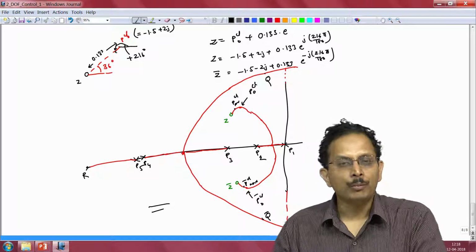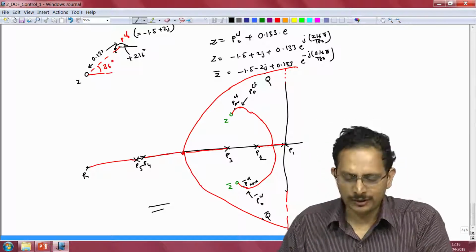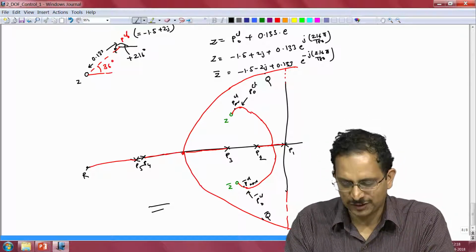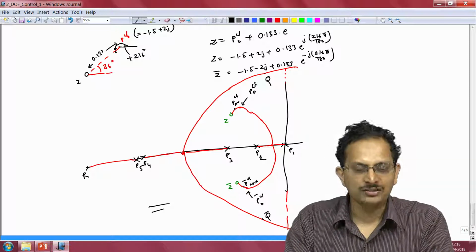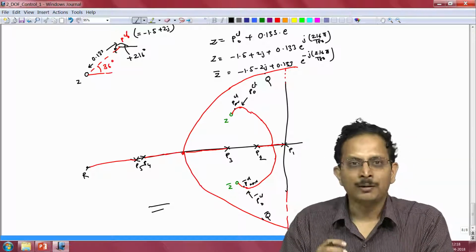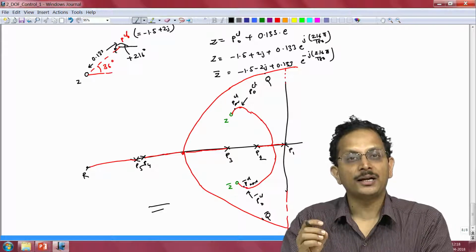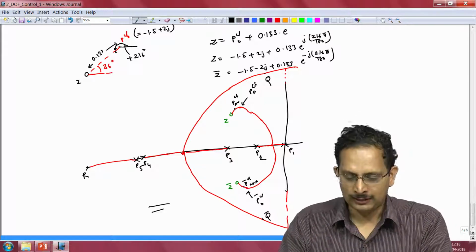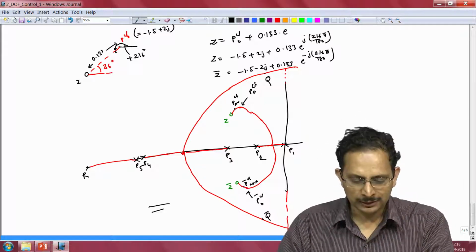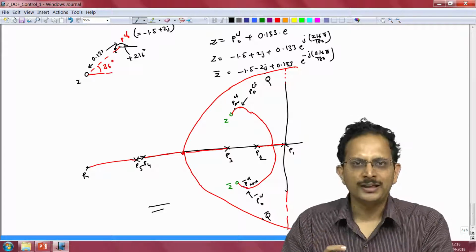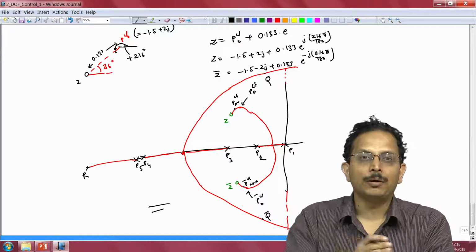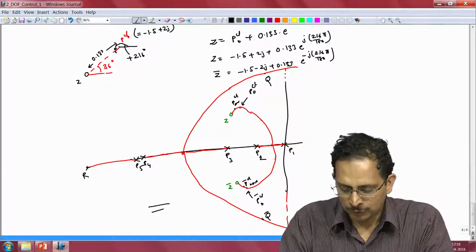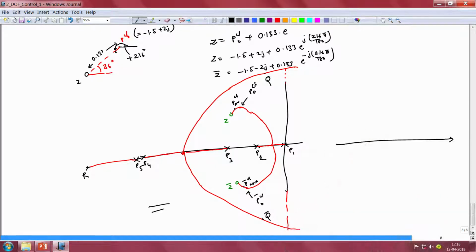Therefore, what would be a more realistic root locus would be something that looks like this. I am redrawing the same root locus, but paying slightly better attention to the scale, the typical distances between the points P1, P2, P3, the points Z and Z bar and the points P4 and P5.